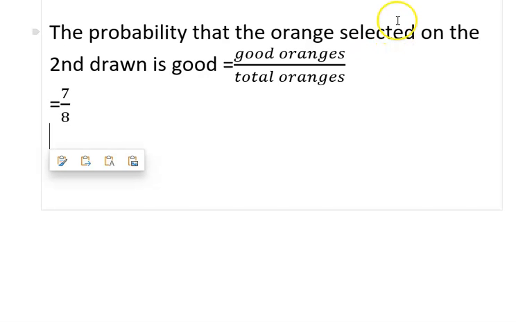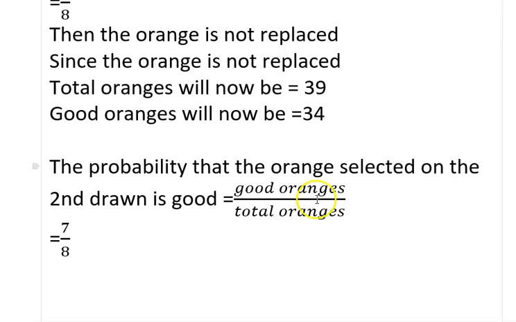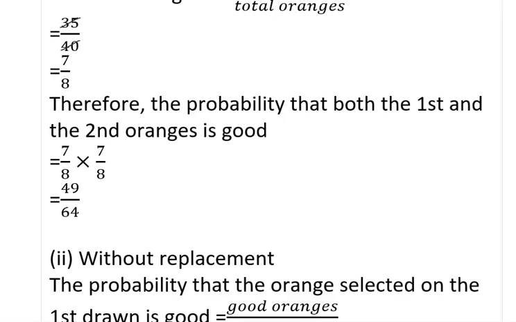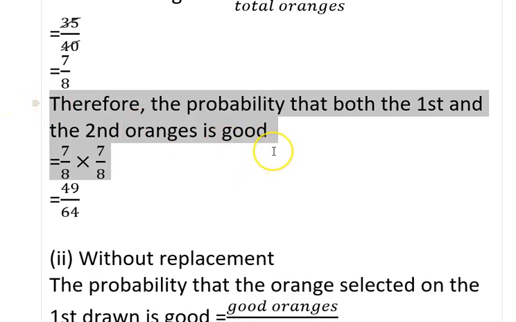Now it is not replaced. Now that the oranges is not replaced, the good oranges will now be 34. And the total oranges will now be what? 39, since it is not replaced. Therefore, let's make use of this template.